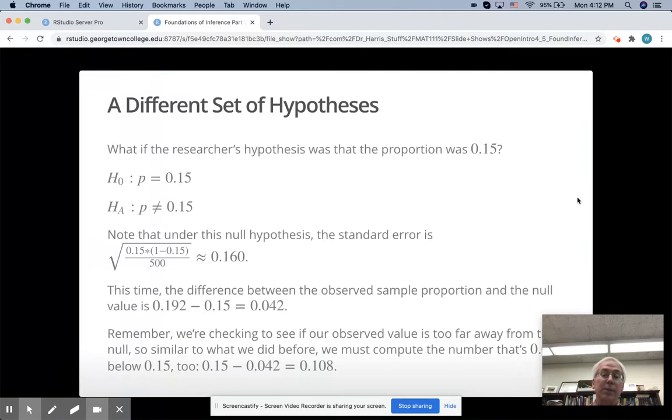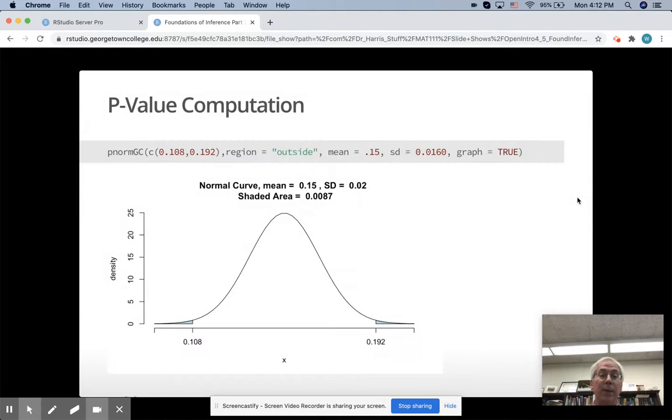So in this case, being as far away or farther from the null value as our sample data would mean being outside the interval from 0.108 to 0.192. So our p-value in this instance is about 0.0087, less than 1%.